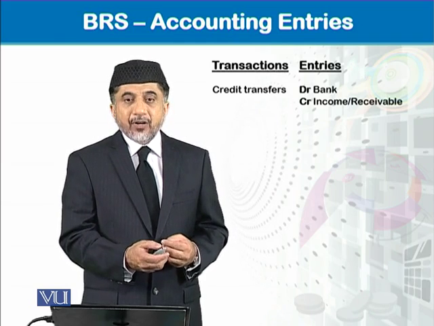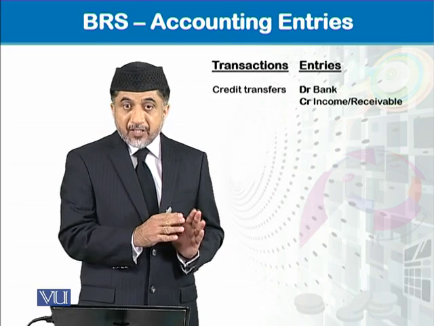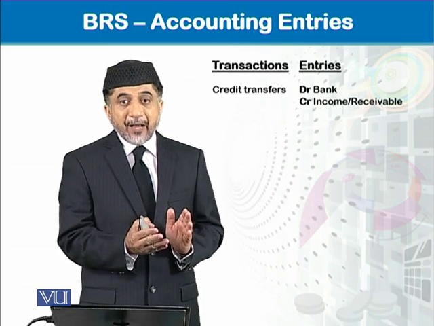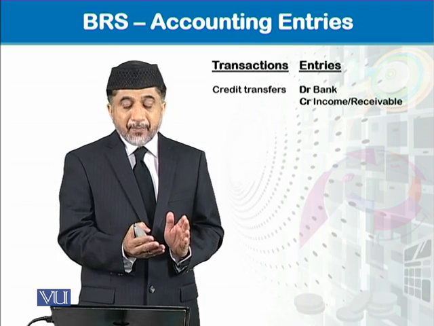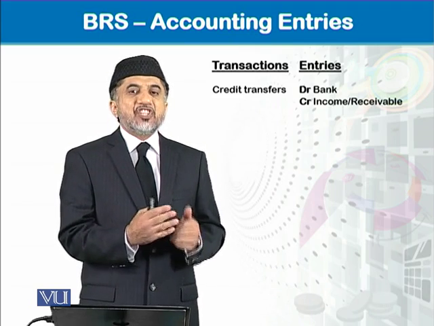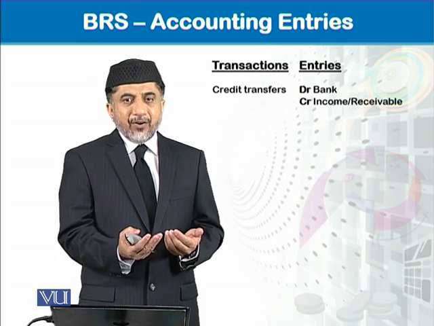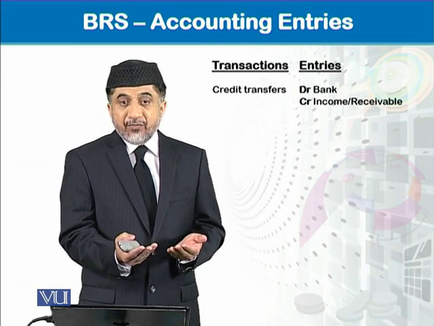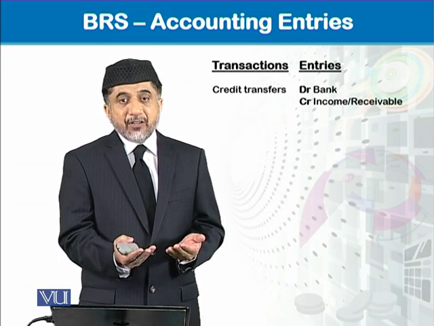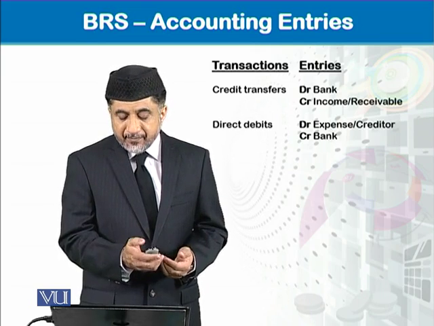So how will we record it? Since because of this credit transfer there is an increase in bank balance, the bank account will be debited. And the reason for that credit transfer, which can be either our income or an amount that we have received from a debtor or receivable, will be credited.